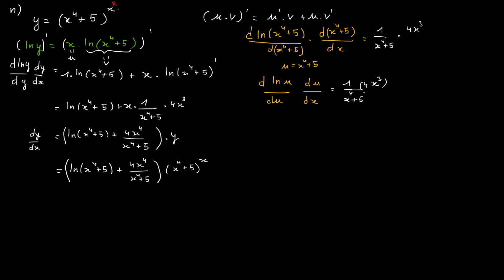So in this case, I strongly suggest that you use this technique for deriving exponential functions. It will always work. And basically, instead of having an exponent that you need to deal with, you're just dealing with a product rule. So in that case, you don't really have to know the derivative of exponents anymore. You only need to know the product rule and the derivative of ln.